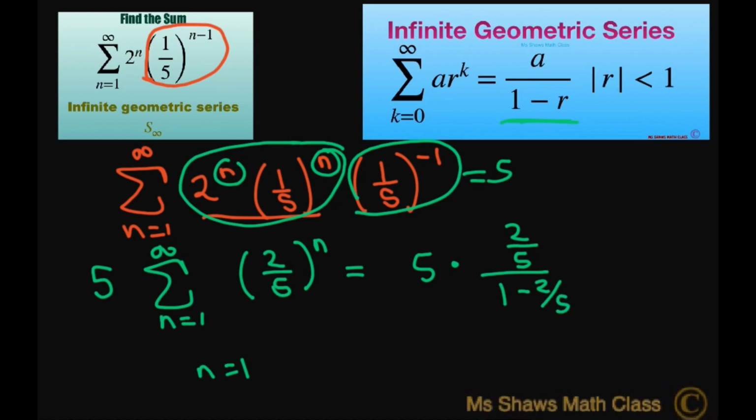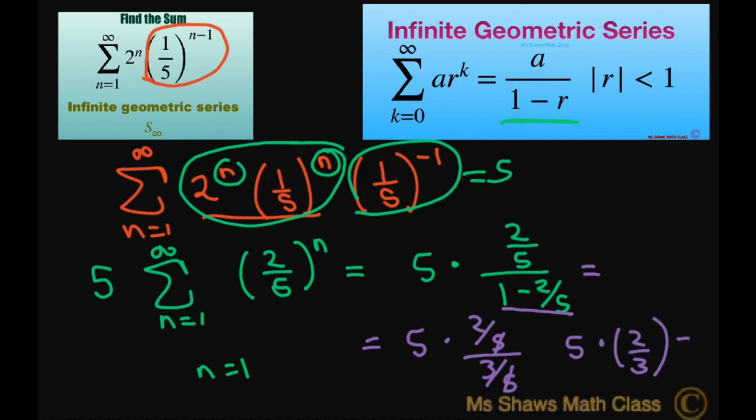This is going to equal 5 times 2/5 divided by, this is 3/5. The 5's cancel out, so you get 5 times 2/3, and that gives you 10 divided by 3. You get the same answer. So there's 2 different ways to do this problem.